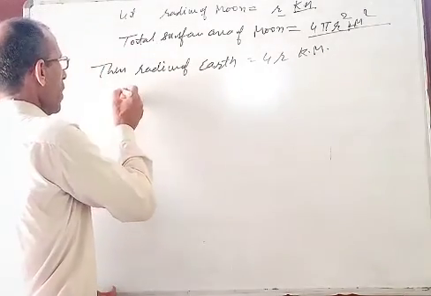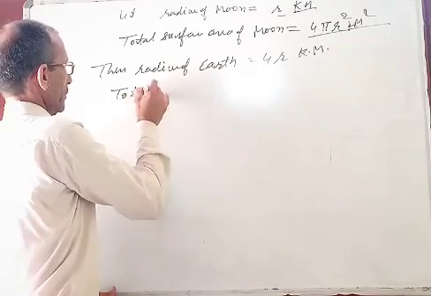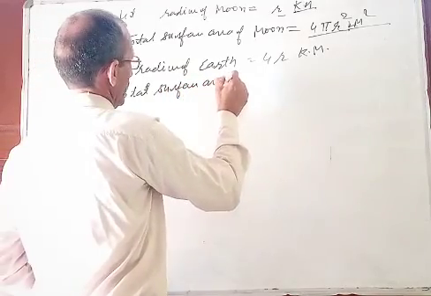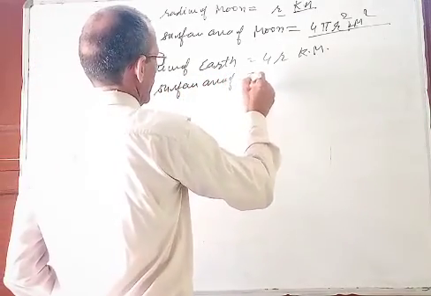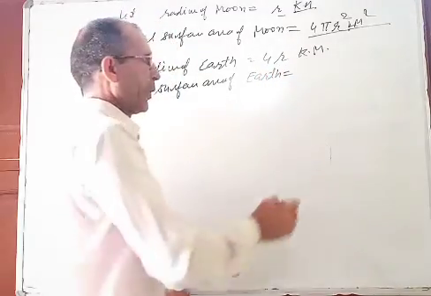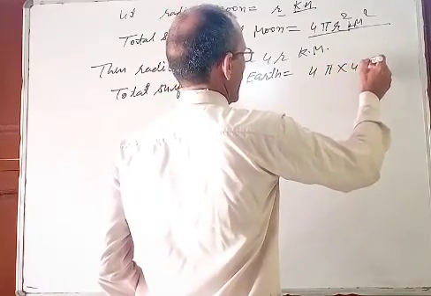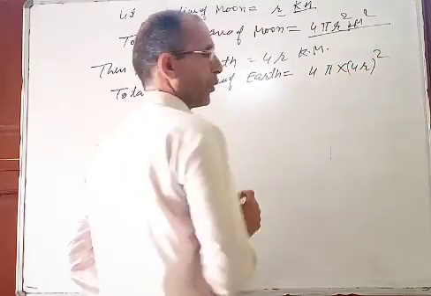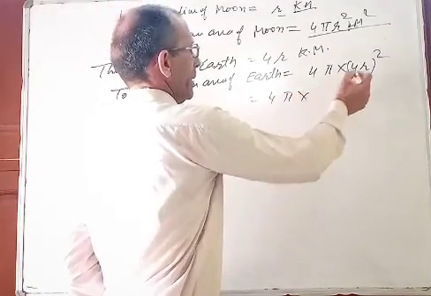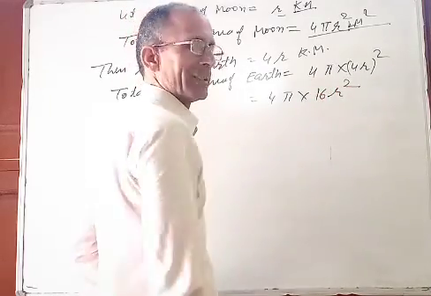Total surface area of earth is 4 pi r square, which is 4 pi times 4r whole square, 4 squared is 16 r square.